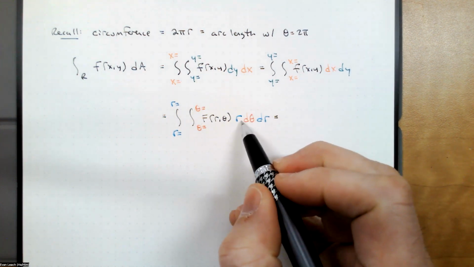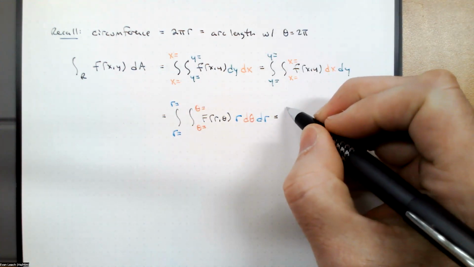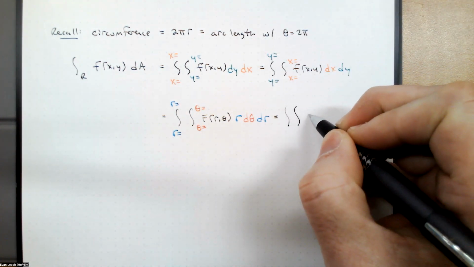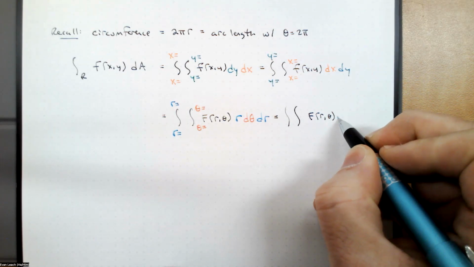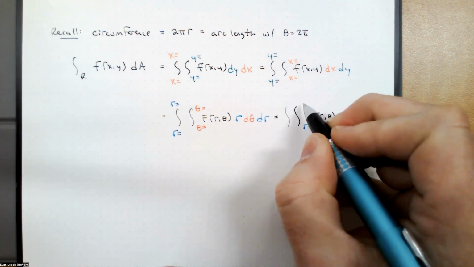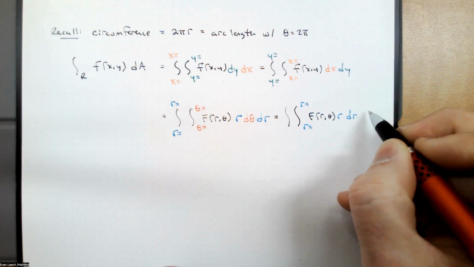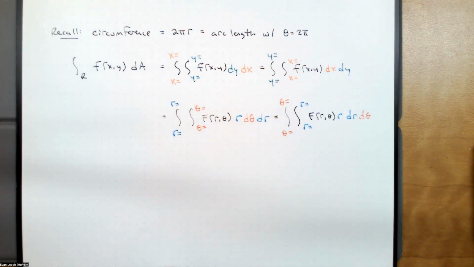So the important thing to note is that this extra factor of R shows up as part of the dA, but it gets integrated along with the function. So if I wanted to rearrange this, I'd still have f of R and theta, but the R stays with the part that we're integrating. So even if I switch the order to dr and then d theta, we need that extra factor of R to turn d theta into a length.